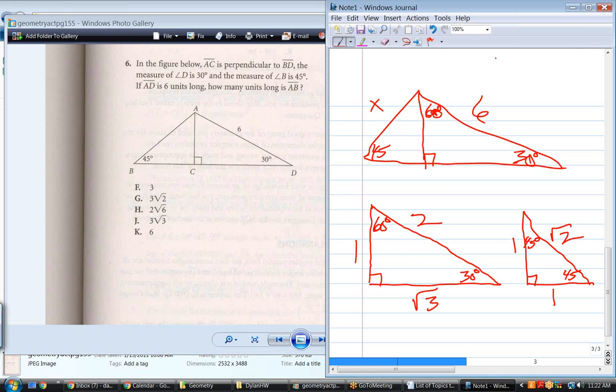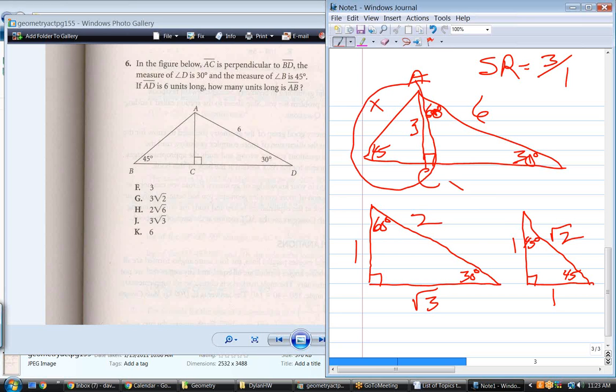So my similarity ratio is 3 to 1. What does that make side AC equal to? If it's 3 to 1, AC would have to be 3. Good.